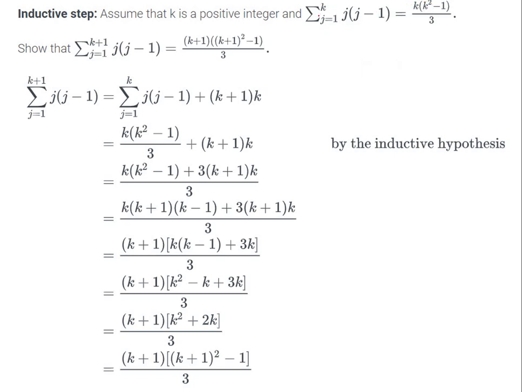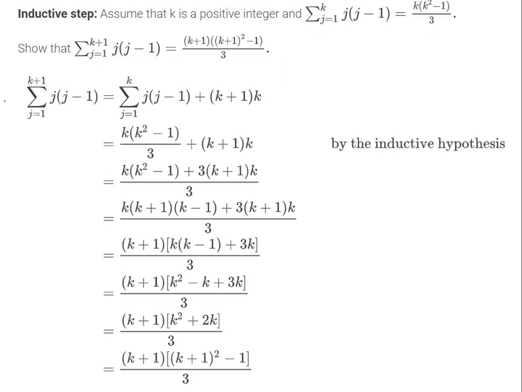So that's the statement that we're going to use, and then you have to prove that it's true for n equals k plus 1. Again, we say that if it's true for n equals k, then it must be true for n equals k plus 1. But we have to prove this, right?